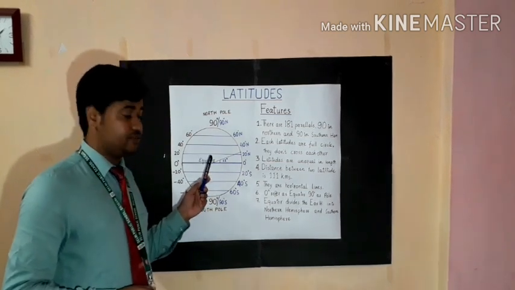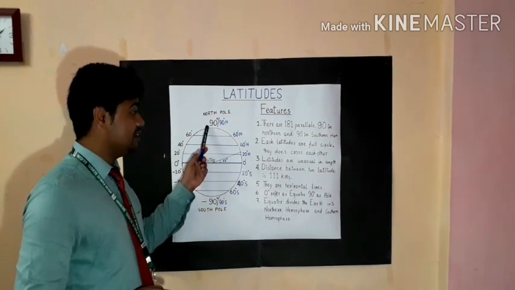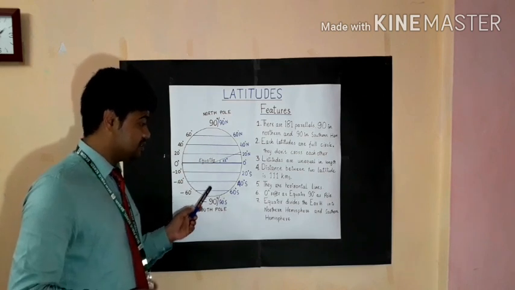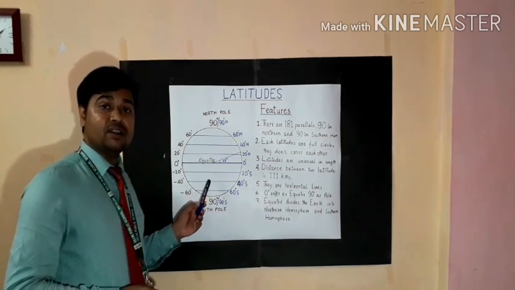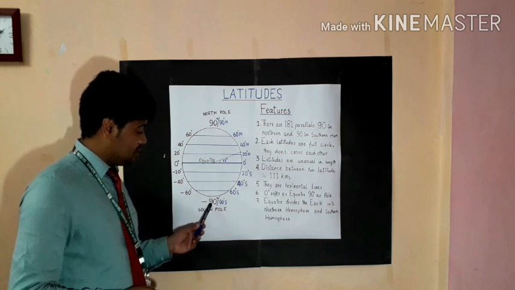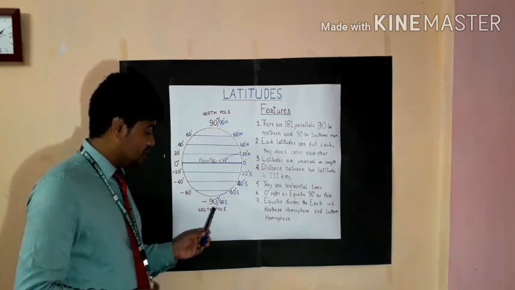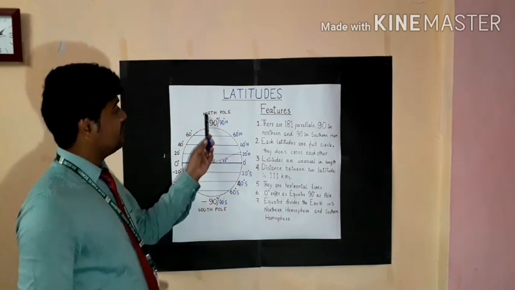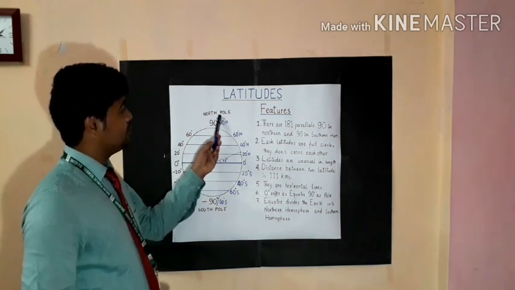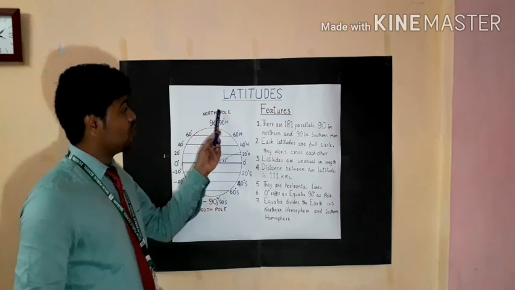In the northern hemisphere we have 90 latitudes and in the southern hemisphere we have 90 latitudes. This 90 degree latitude is called the South Pole and this 90 degree latitude is called the North Pole.